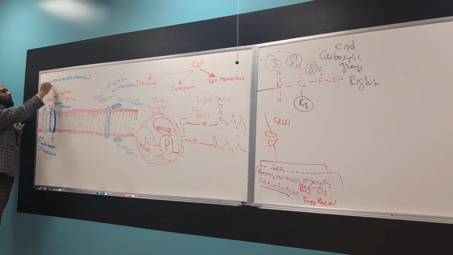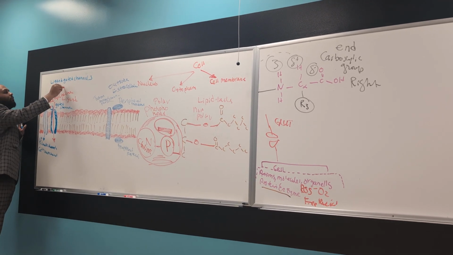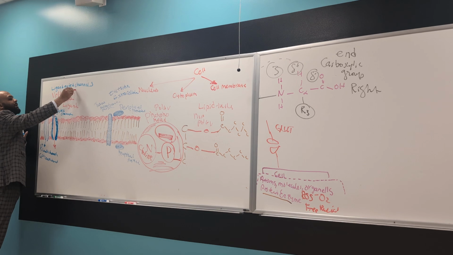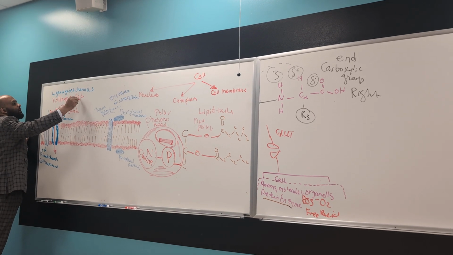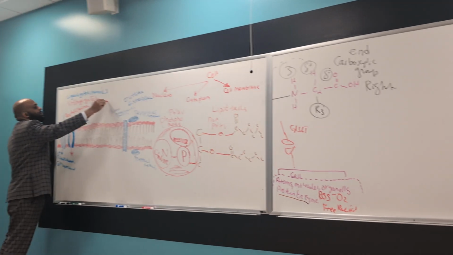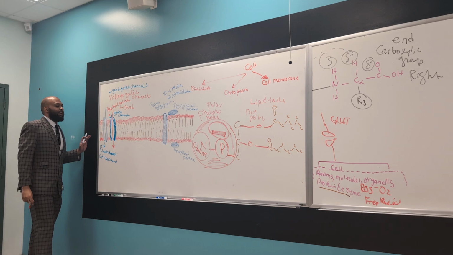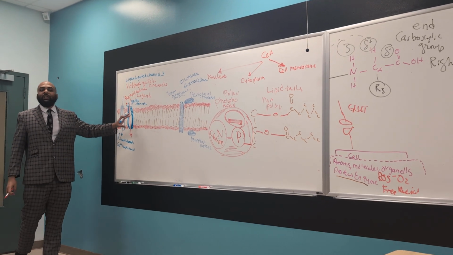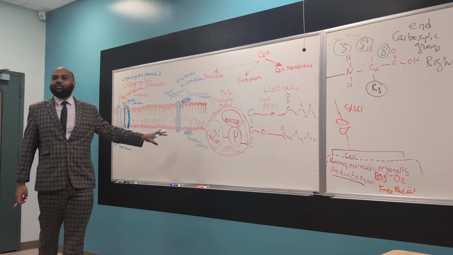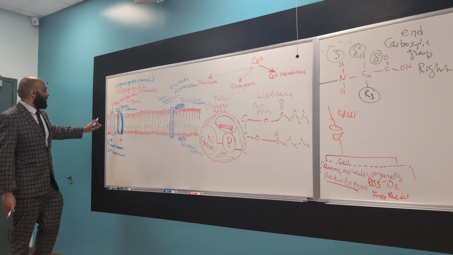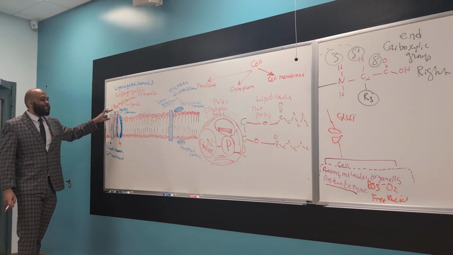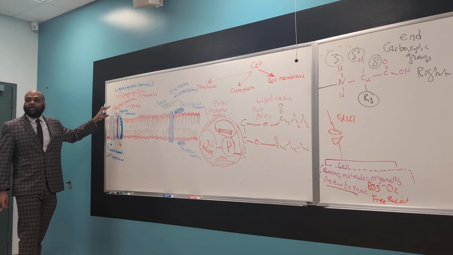There are also voltage gated channels. When you change the voltage of the membrane, they open. They don't need a ligand. They just need a voltage change.